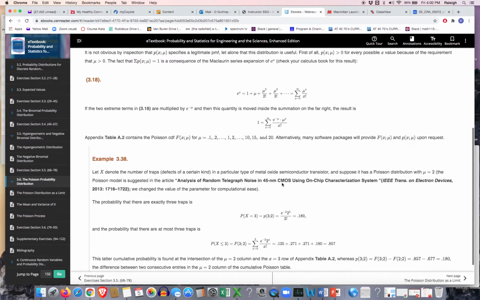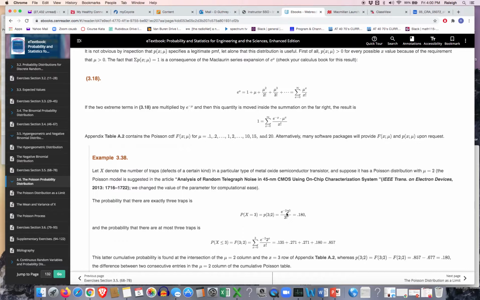So we'd have e to the minus 2, because that's what the mu is. Then we go to mu again, so back-to-back mu's, but 2 is raised to the 3rd power. So it's kind of a race between the exponent and the factorial. But here's what happens. The factorial wins. Use L'Hopital's rule if you want. Well, anyway, we have this value works out to be 18%.